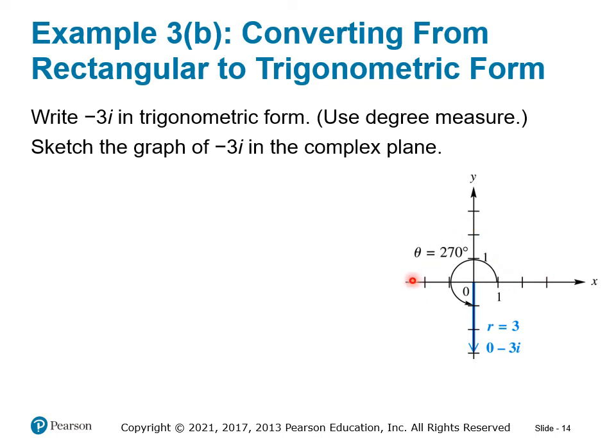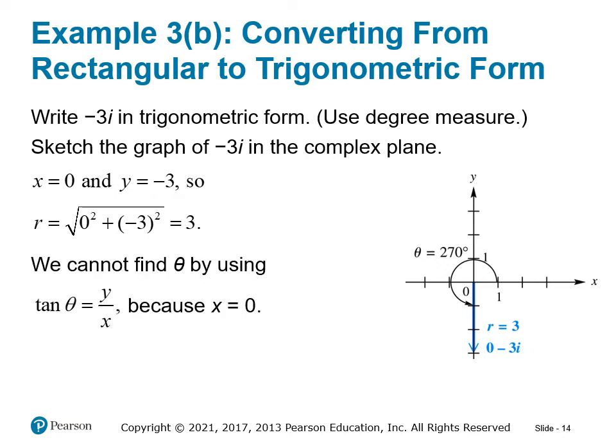We have 90, 180, 270, and 360. So in this case, our angle theta is 270. So we already have a quick identification of our theta. r is quite easy to find as well. x squared, which is 0, and y squared, which is 9, gives us the square root of 9, or 3.